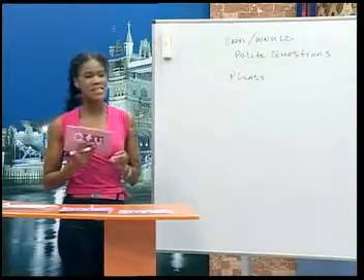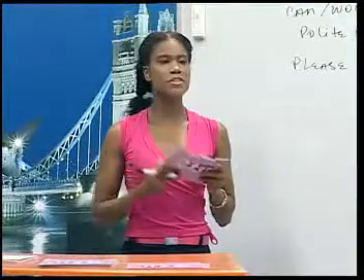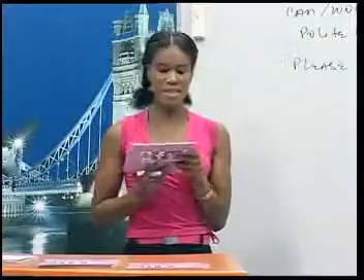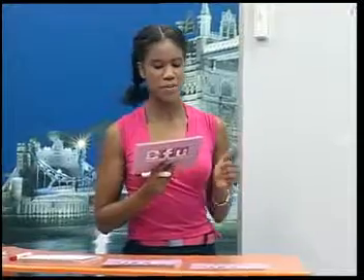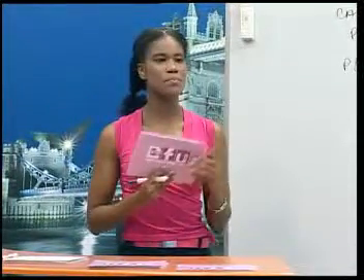Sylvia, let's pretend you work at an information desk at the airport. Okay. And Alberto will pretend you work at the ticket office at the bus station. Okay. And Linda, you are at the train station. Okay. So, Alberto, can I buy a ticket to Rome, please? Yes, you can. It will cost you $40.